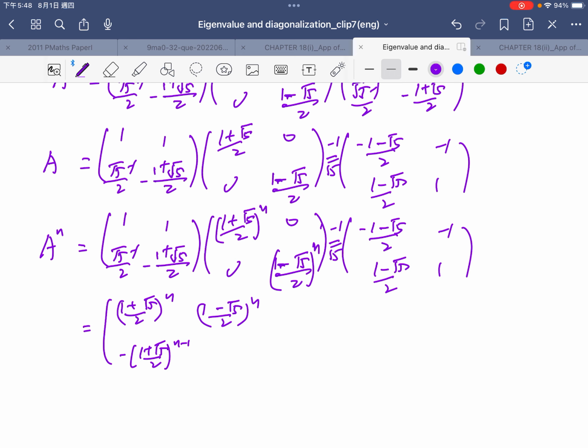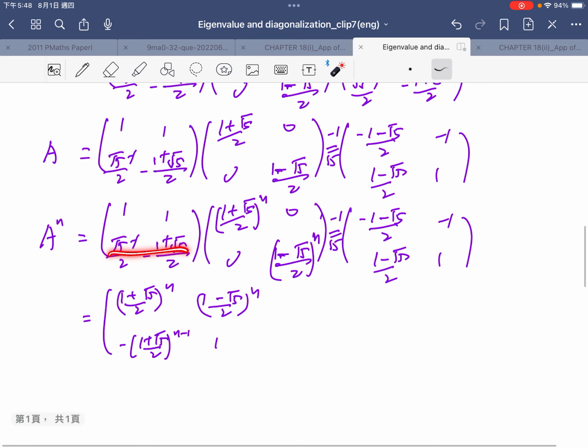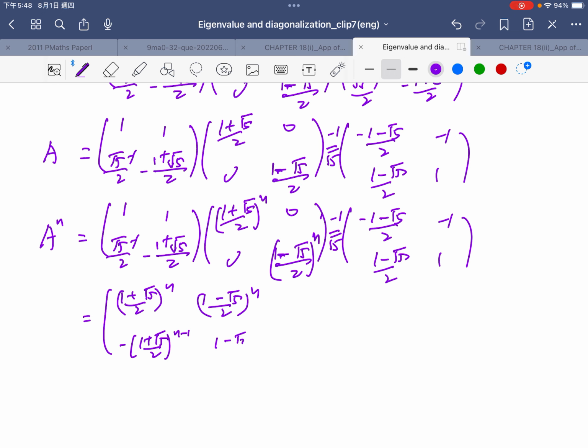And then next step is this times this. This also equals 1 minus, this times this one is equal to 1 minus square root of 2 to the power n minus 1. And I move the term minus 1 over root 2 to the right hand side, and times this one.